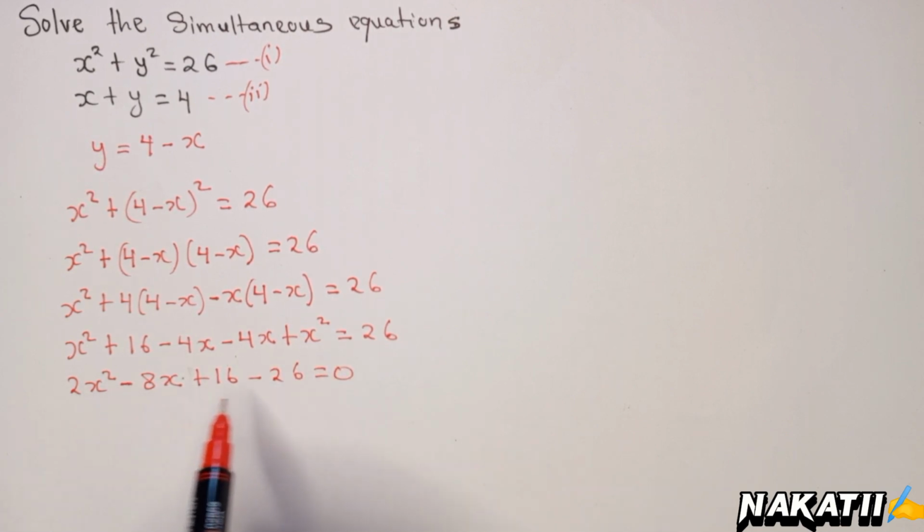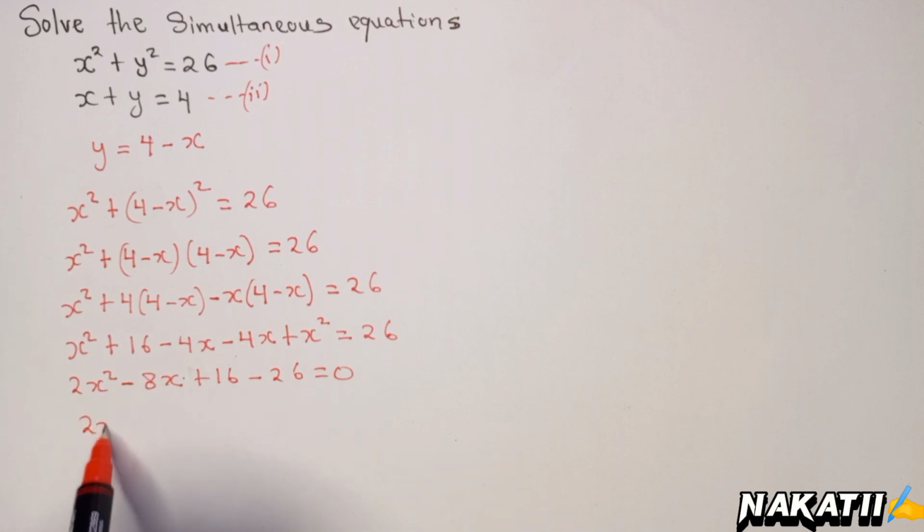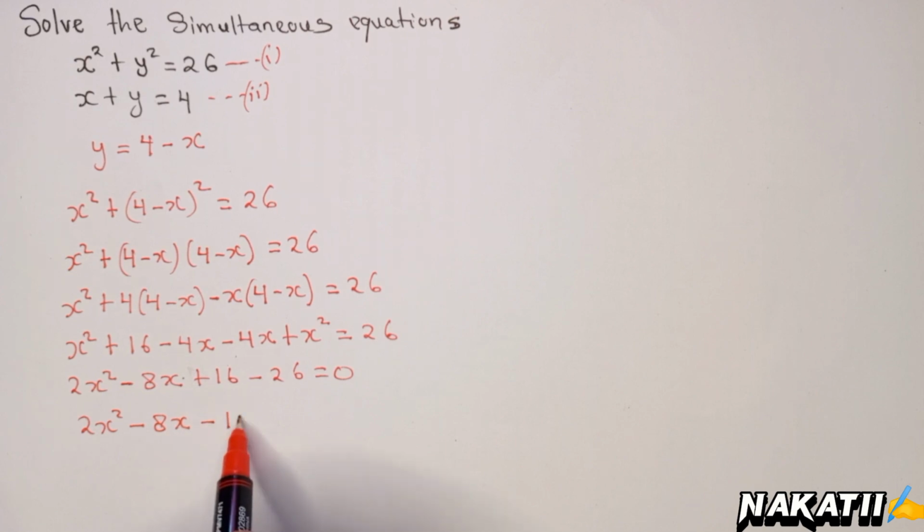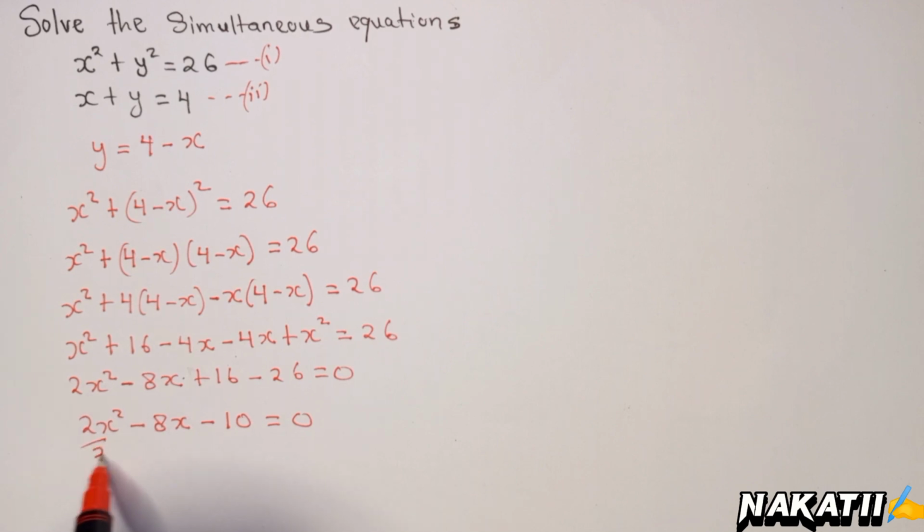If you simplify this one, you will have 2x squared minus 8x minus 10 is equals to 0. We can simplify further this quadratic equation by dividing everything by 2. Finally, our simplified quadratic equation will look like this: x squared minus 4x minus 5 is equals to 0.